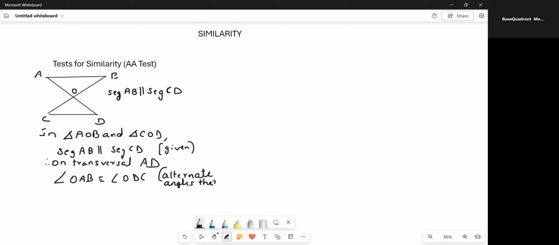Alternate angles theorem. Okay, then what else do you see here?